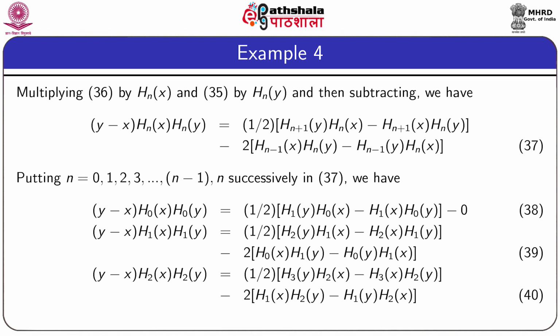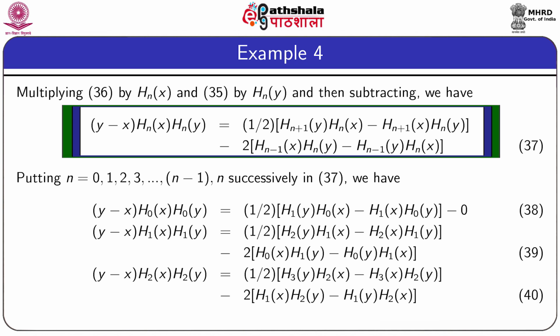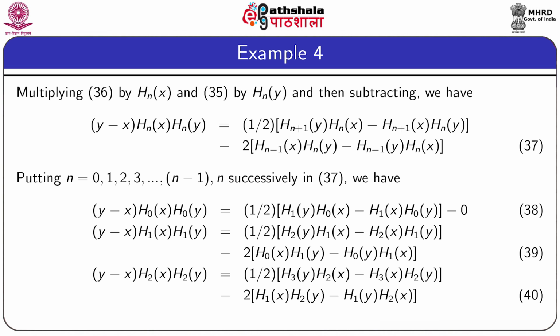We next multiply equation 36 by H_n(x) and 35 by H_n(y), and subtracting we get (y minus x) H_n(x) H_n(y) is equal to half of [H_{n+1}(y) H_n(x) minus H_{n+1}(x) H_n(y)] minus n times [H_{n-1}(x) H_n(y) minus H_{n-1}(y) H_n(x)], given by equation 37.